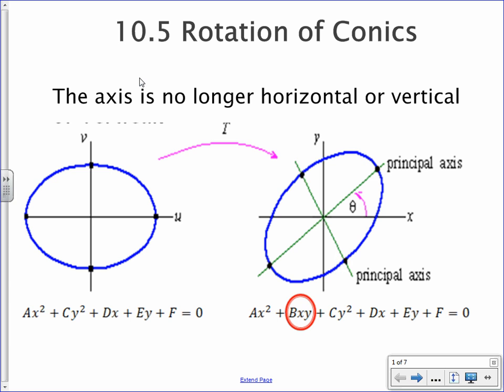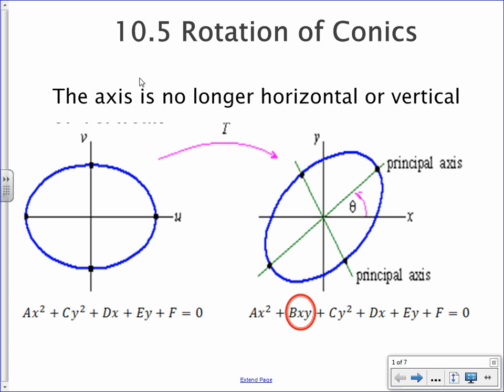That green set of axes, that's the xy axis but rotated. So you see that our ellipse isn't horizontal or vertical, it's tilted at like a 45-degree angle.